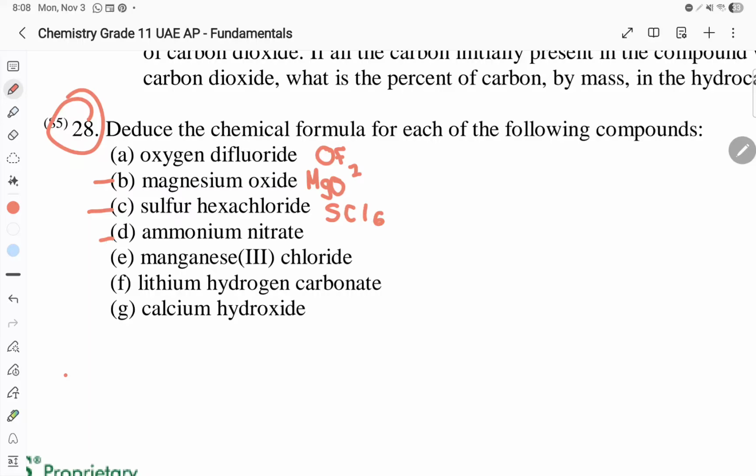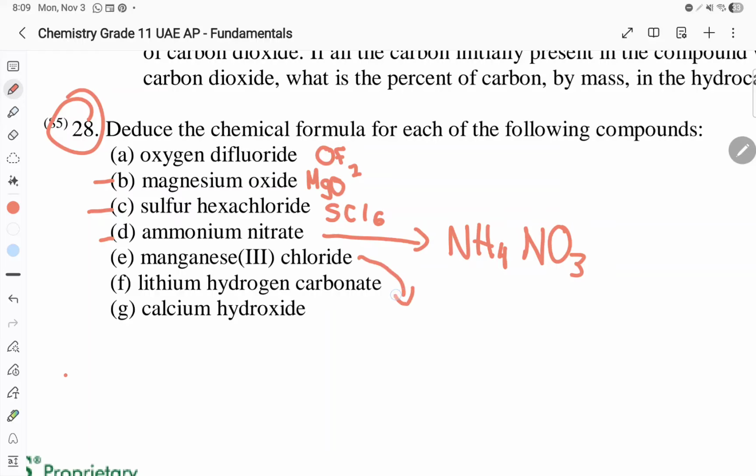Ammonium nitrate is gonna be ammonium and then nitrate. Ammonium is NH4. These are both ionic, so you need to beware of their charges, but they're both +1 and -1, so it doesn't matter. NO3.